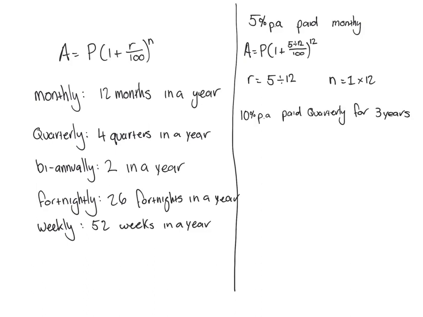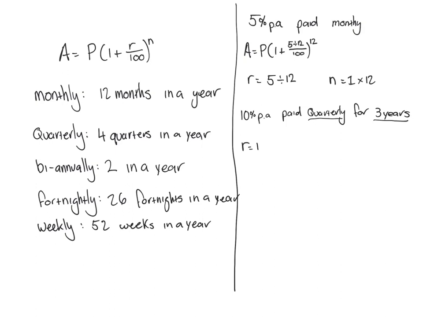In this example, now we have 10% interest per annum, so it's a yearly interest rate. This time it's paid quarterly, and we're going to do it for 3 years. So let's find out what our rate is. If we're going to pay this quarterly, that means there are 4 quarters in a year.